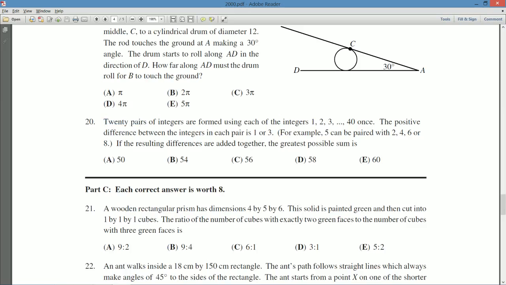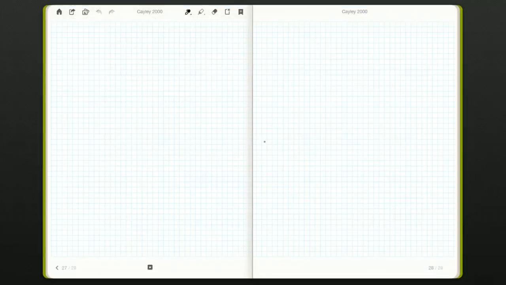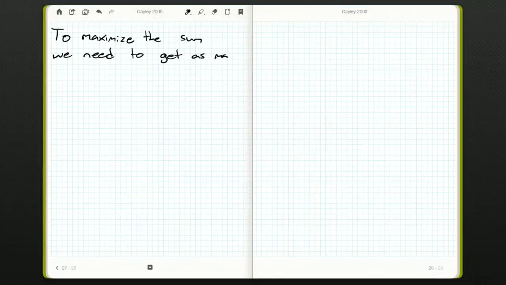To get the greatest possible sum, it seems kind of clear that we need to get as many 3s as possible. We need as many 3s as possible.